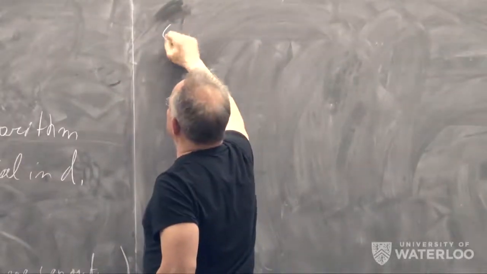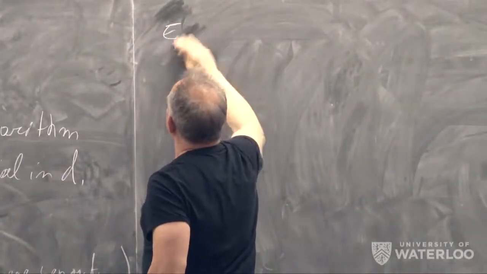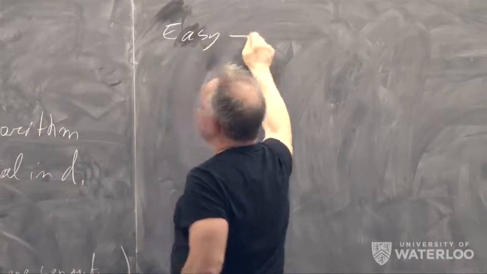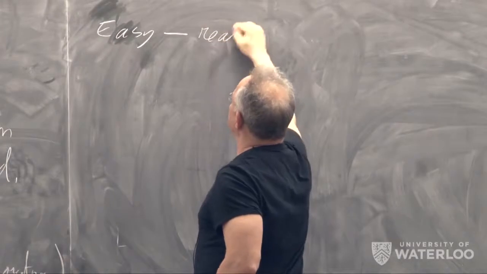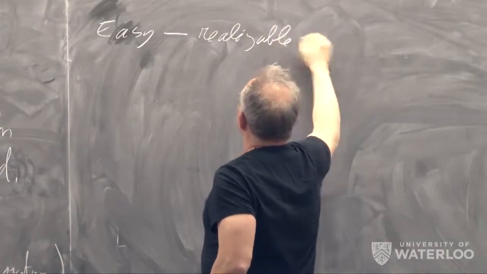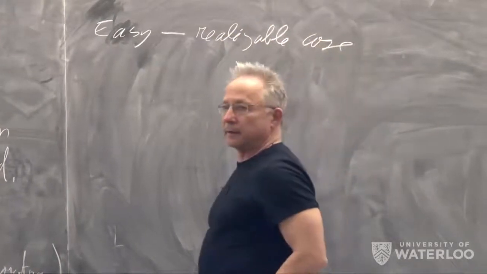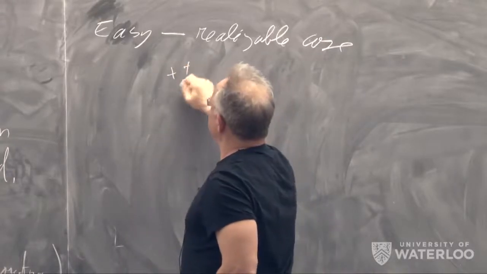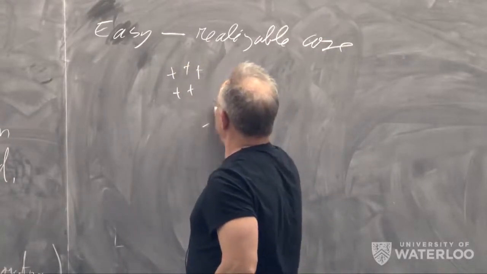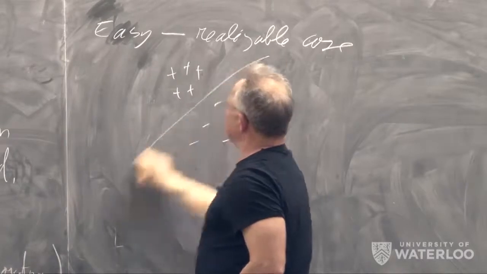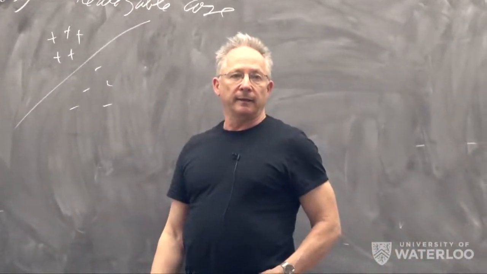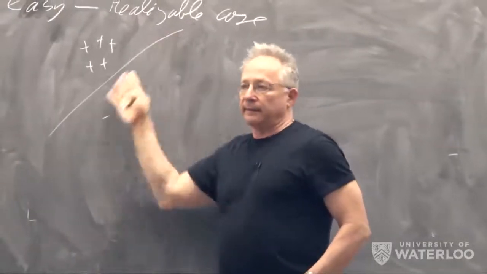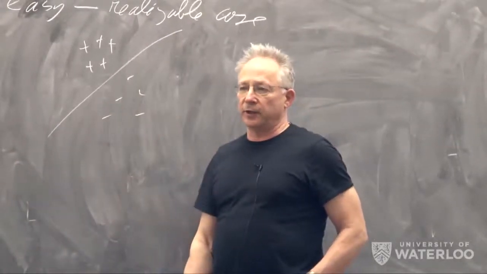It is easy in the realizable case. So if the data is such that you have the positive points and you have the negative points nicely separated, nicely separable by a linear separator, then it is relatively easy to find such a linear separator.